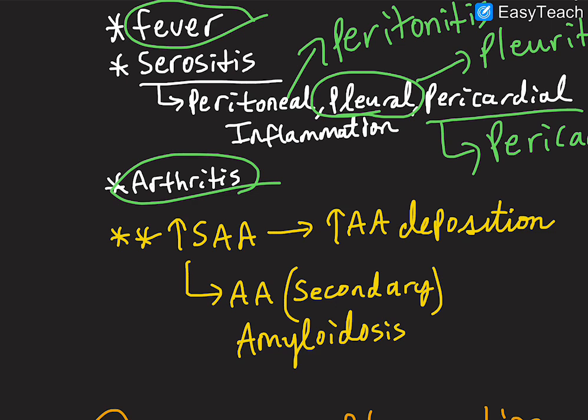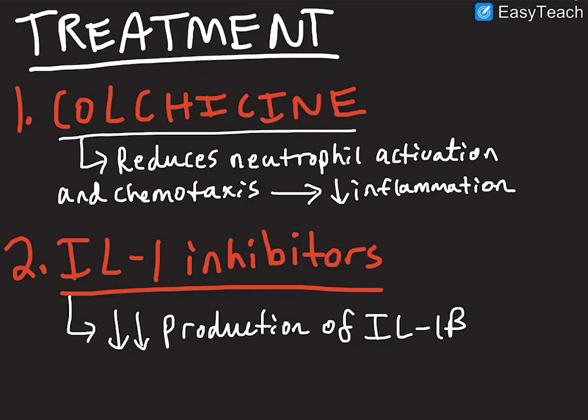Like your peritoneum, leading to peritonitis, like your pleura, leading to pleuritis, like your pericardium, leading to pericarditis, and like your synovium, leading to arthritis. So knowing it attacks those, what we can understand from that is, if we just skip the treatment for now, we'll come back to that.